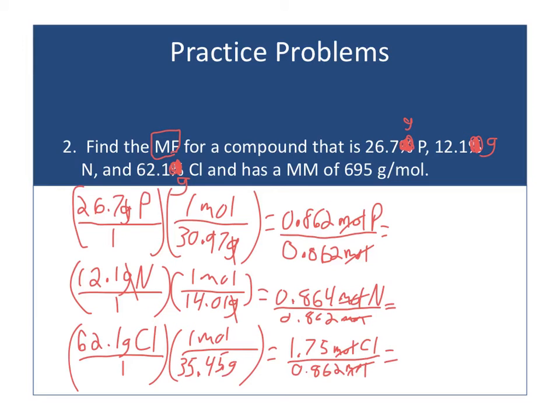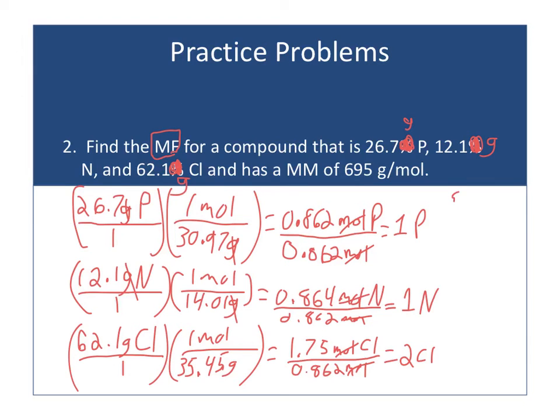Well, 0.862 divided by 0.862 means I have 1 phosphorus. 0.864 divided by 0.862 gives me 1.00, which again is 1, so I end up with 1 nitrogen. 1.75 divided by 0.862 gives me 2.03, which is essentially 2 chlorines.